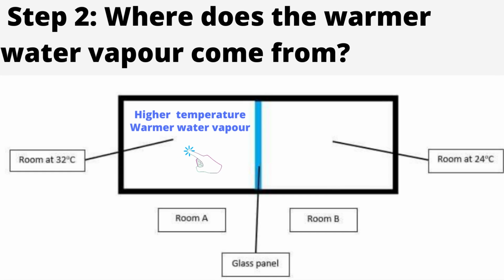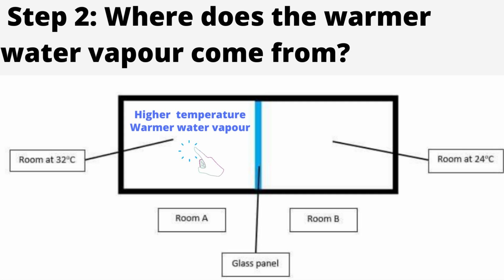Now, bearing that in mind and applying it to the context of the question about the two rooms. The two rooms are at different temperatures. As we can see from the diagram, room A is at 32 degrees Celsius and room B is at 24 degrees Celsius. So, in other words, room A is warmer. We know from what we recapped earlier that condensation happens when warmer water vapor comes into contact with a cooler surface.